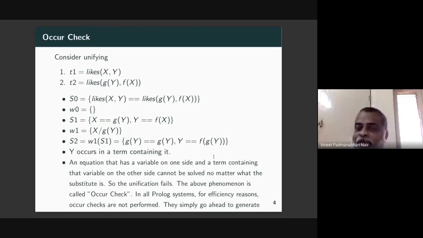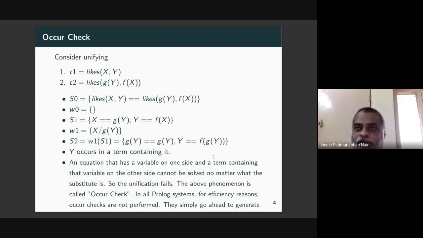I think that's an error, but what it means is they simply go ahead to generate a solution. That means they might go one step, two steps, three steps, four steps, and they will halt and tell you, look, this is the substitution you are getting, but actually that is wrong. That is not the substitution, but somewhere you have to stop. You have to stop either in the third step or the fourth step or the fifth step. Otherwise, you'll keep going. So basically, what it says is that Prolog is not a faithful implementation of first order logic.